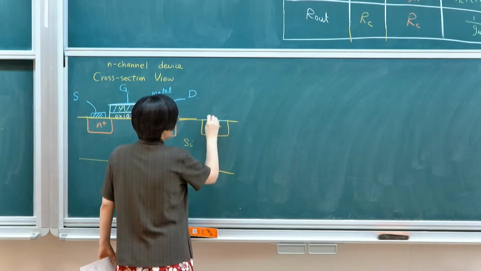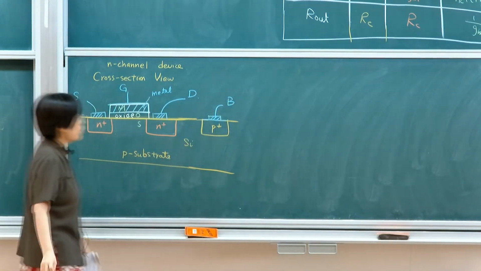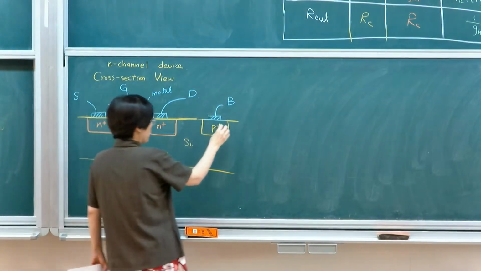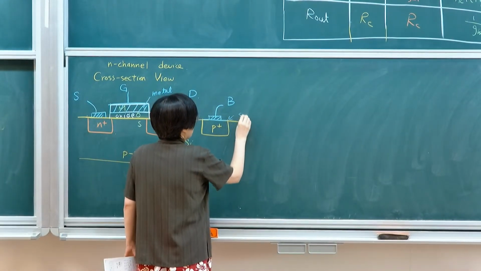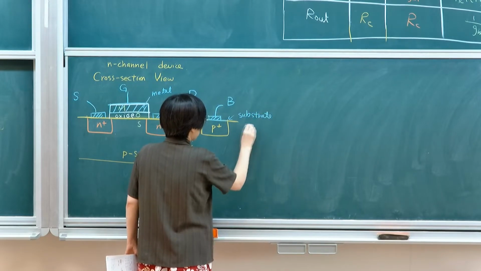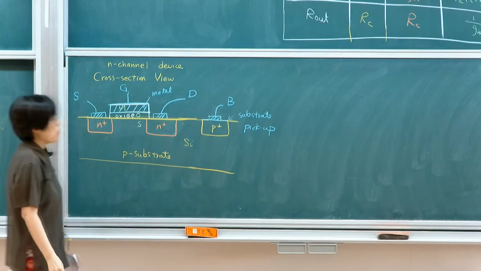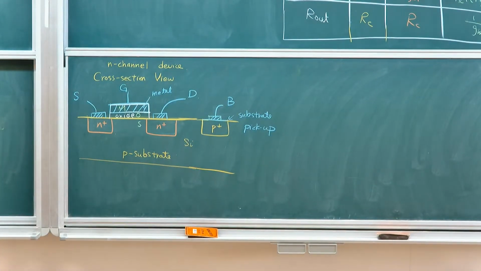This is connected to a metal again. So this is referred to as the substrate pickup, meaning that it allows us to give voltage to the substrate. So essentially it's a 4-terminal device.